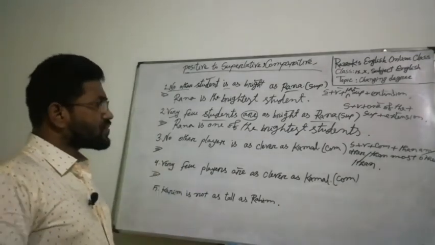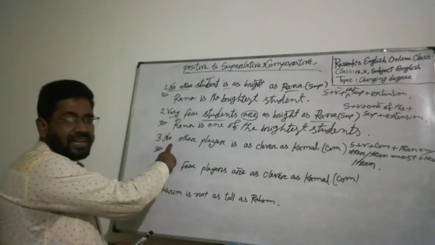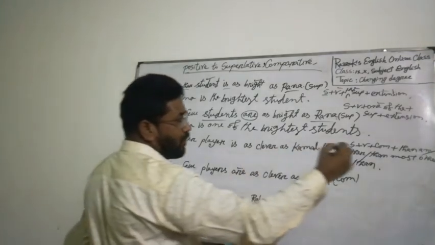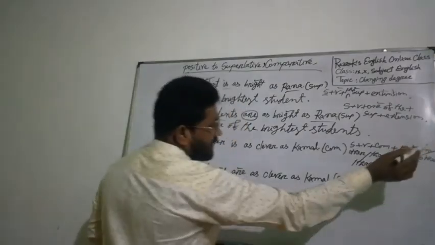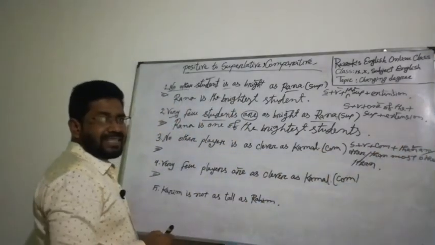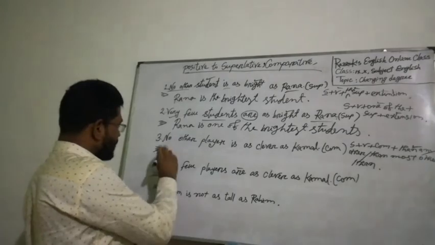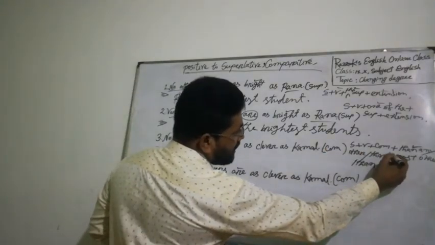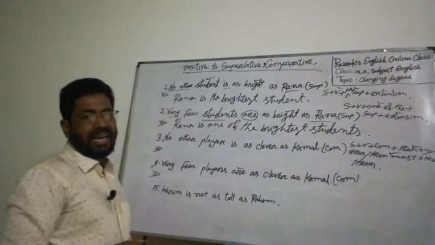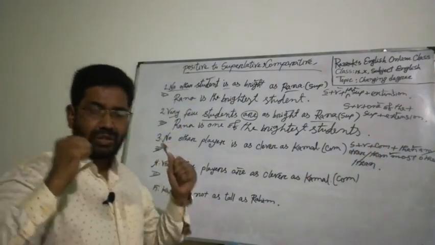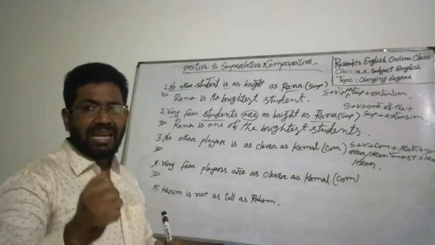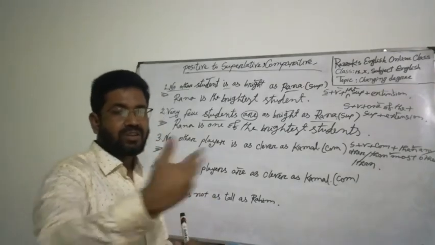If the sentence starts with no other, you should write after the comparative form then any other. And if the sentence starts with very few, you have to write after the comparative form then most other. And dear students, if there is no no other or very few, you will use just then after the comparative form.